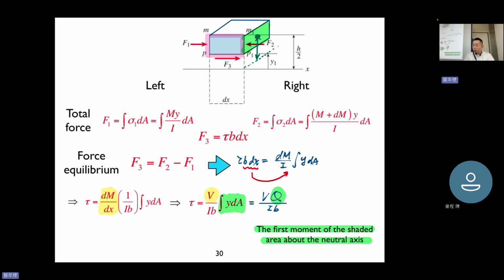But we don't need to do the integration all the time, because it's easier to just use the proper centroid distance of that area times its own area, and then we can get the Q. All right, so that's it.